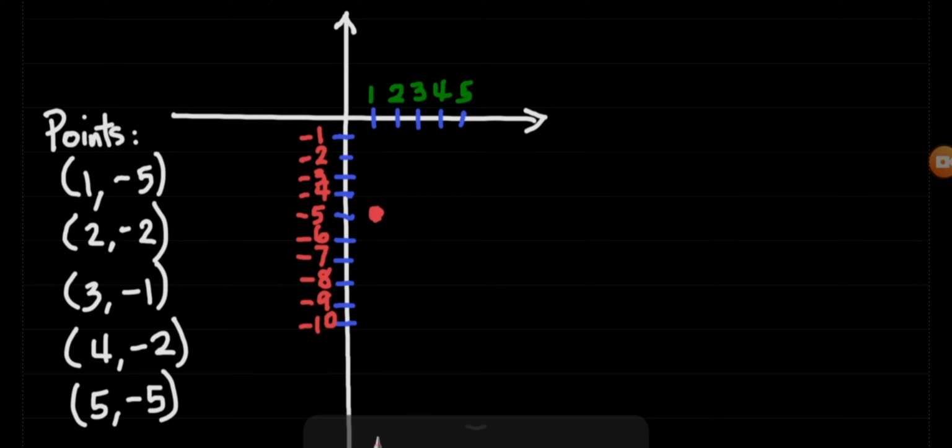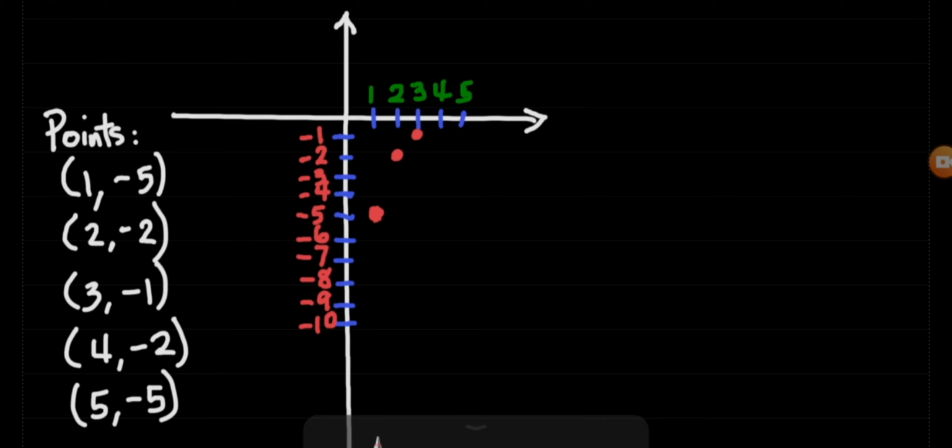Next we have positive 2 and negative 2. So this is the point. Next we have positive 3 and negative 1.